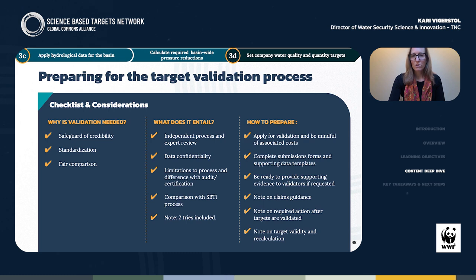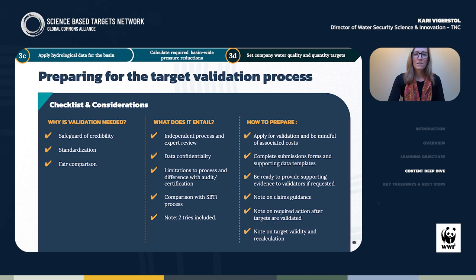As we conclude our module, we wanted to leave here some key considerations to think about as you prepare to validate your targets. It is important to stress, however, that companies are required to submit steps sequentially. Therefore, it is not possible to submit Step 3 without first passing Step 1 and Step 2 validation.